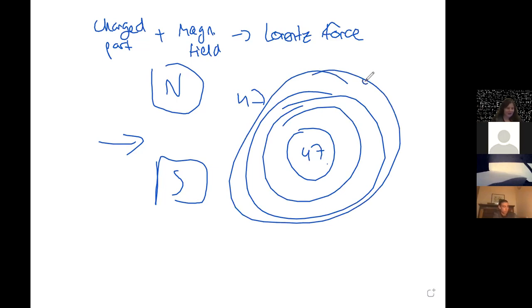And at the outer shell, you only have one electron, which is single there. And this is the electron whose spin property you more or less measure in this experiment. This is why they use silver atoms.